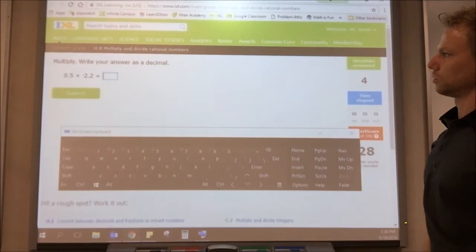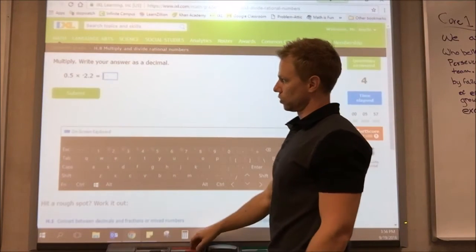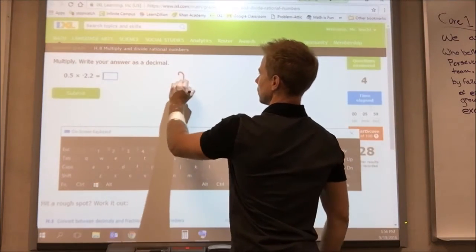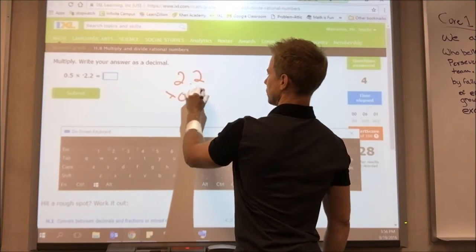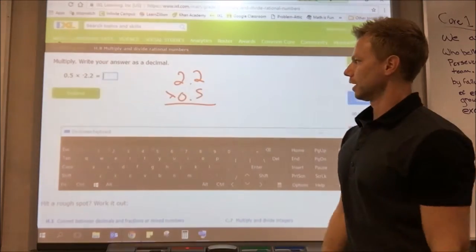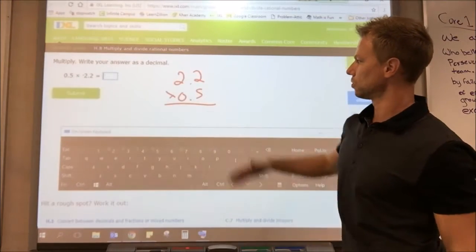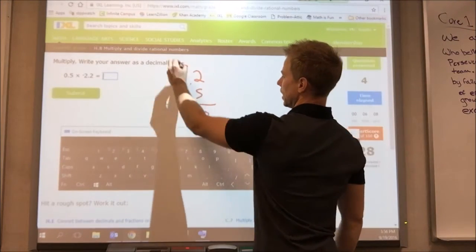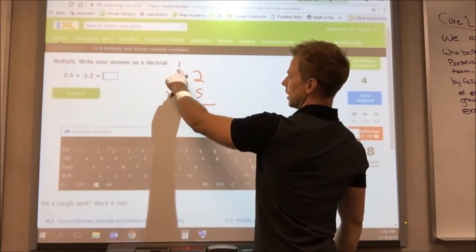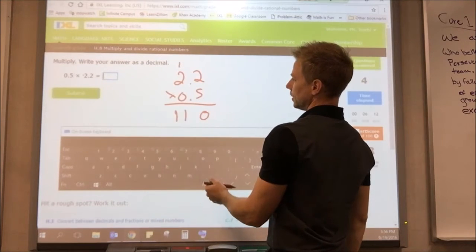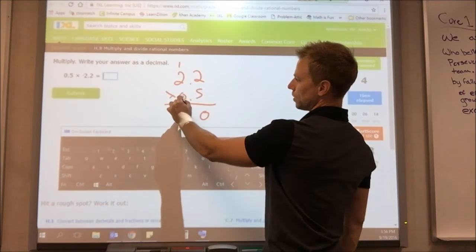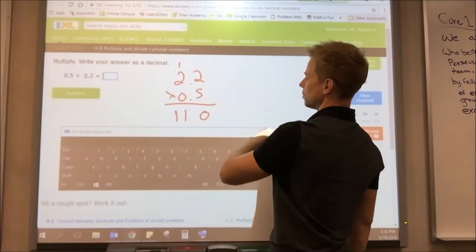All right, we have decimals this time. We will just multiply our decimals and then worry about our signs at the end. Okay, so I'll set them up, line up the decimals. 2 times 5 is 10. 5 times 2 is 10. Plus 1 is 11. Now I could do another row, but since it's 0, it's going to be a bunch of zeros.